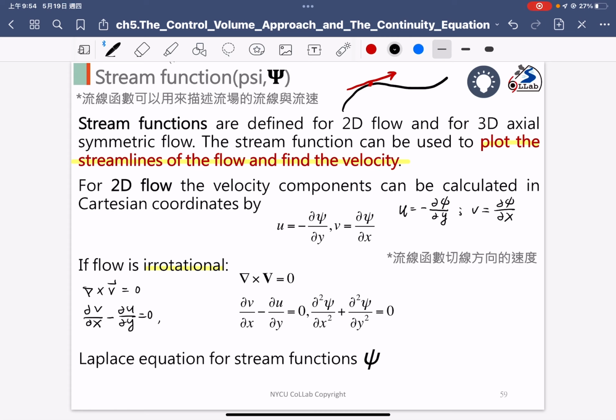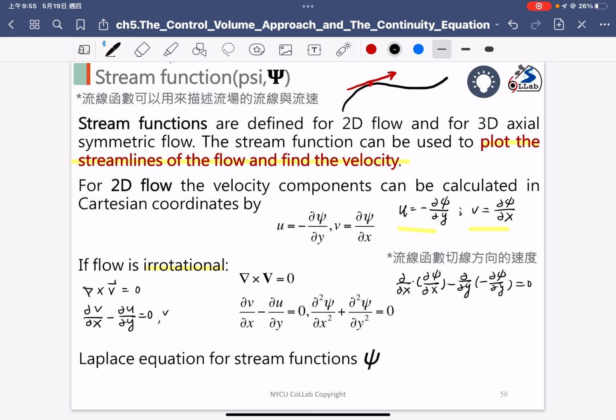And we can put the definitions of u and v inside the equation in here. So d dx, the v velocity in here is dψ dx, and then minus d dy, but the u velocity in here is minus dψ dy, will equal 0.